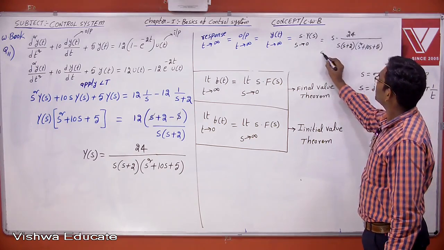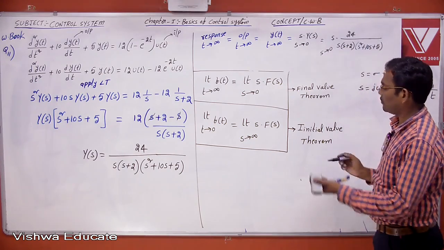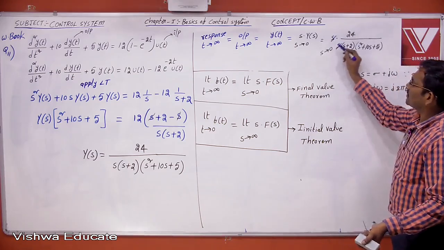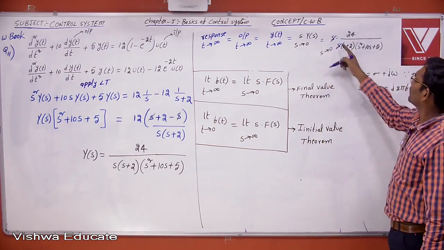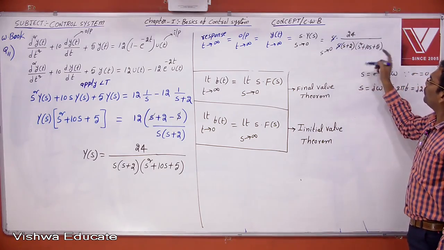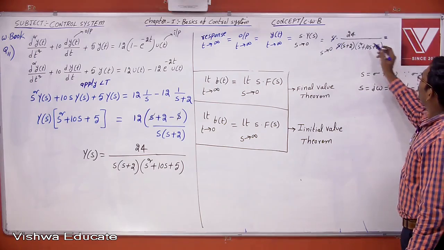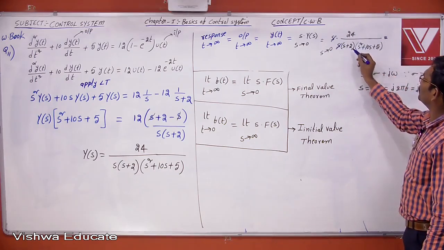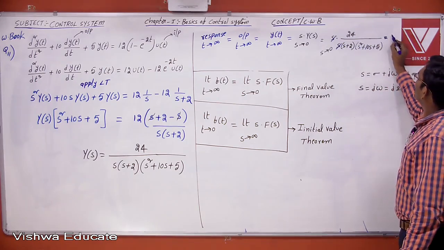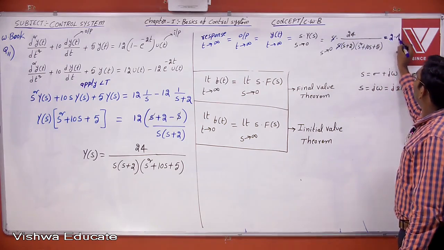Therefore this s and this s cancel, and substitute s tends to 0. If you substitute s tends to 0, 24 by 2 into 5, which is 24 by 10, which is nothing but 2.4.